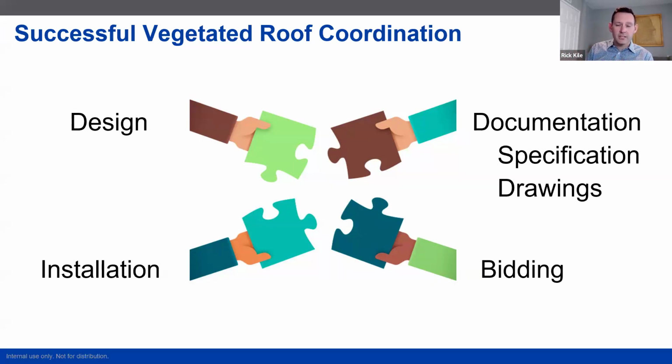If we're just doing an exposed single ply roof, we probably wouldn't have a landscape architect involved, or a landscape contractor, or potentially, if we're managing stormwater, a civil engineer. And so it creates additional opportunities for coordination.